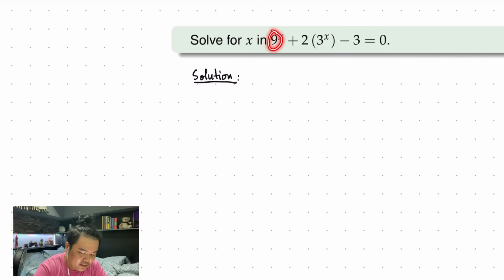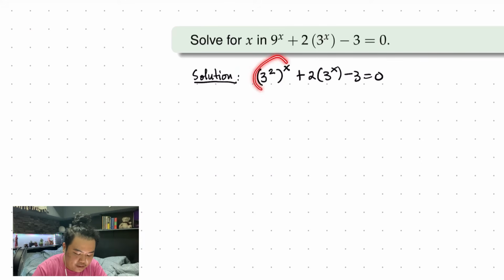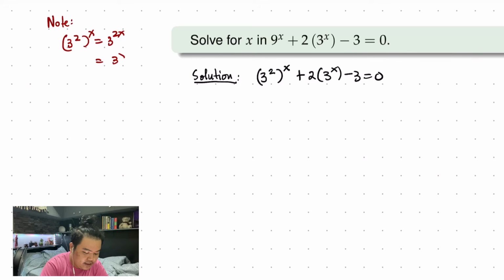Okay, si 9, sulat muna natin as 3 square. At diba power to a power, ang 3 square raised to x is equal to 3 raised to 2x. But 3 raised to 2x is the same as 3 raised to x raised to 2. Power to a power. Pag ginamit mo yung power to a power dito, you will get this one.